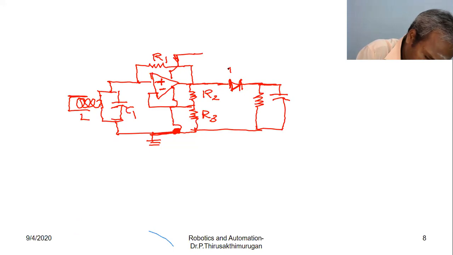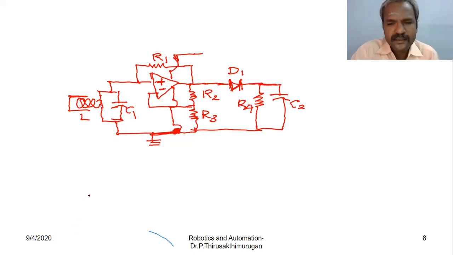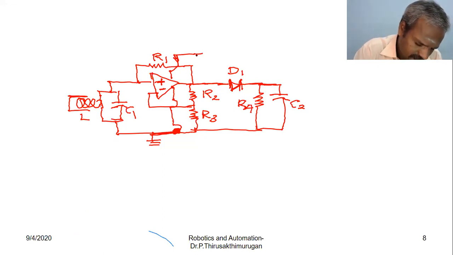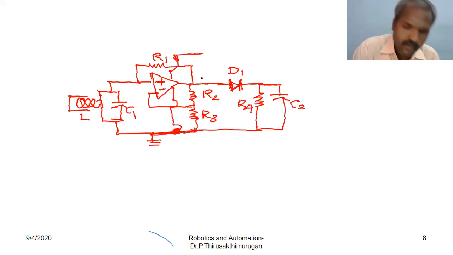Say this diode is D1, say R4, C2. This is the diode D1. So here also you can give power supply. Say this stage is connected here. So this box is the demodulator stage.